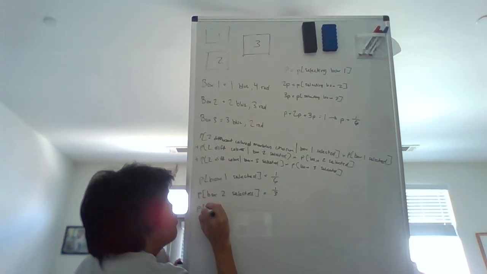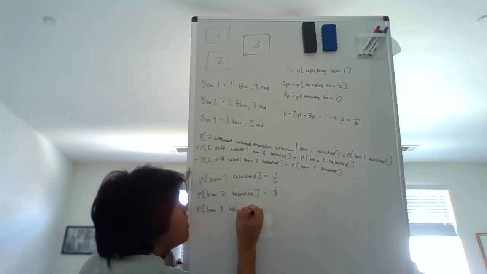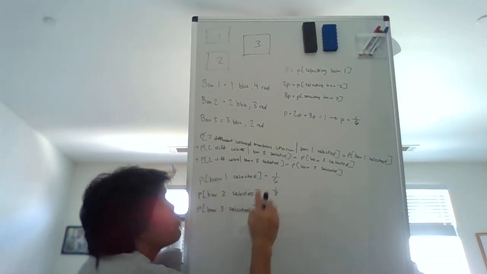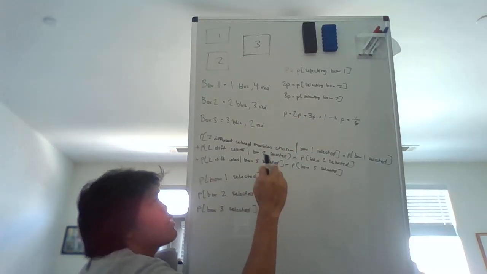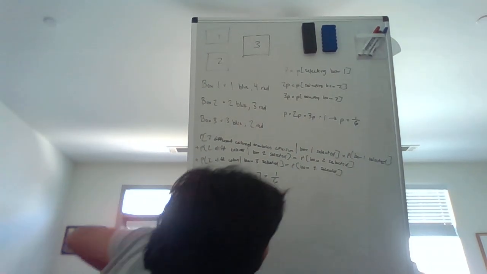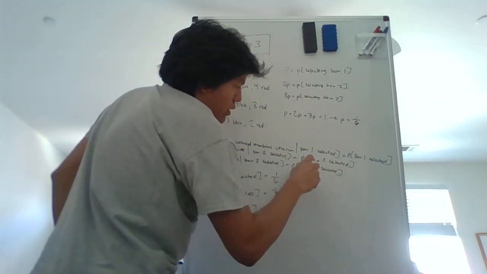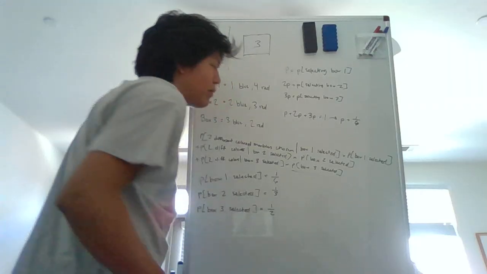And the probability of box 3 being selected is 3p. 3 times 1/6, 3/6, 1/2. All right. So we've already taken care of this, this, and this.